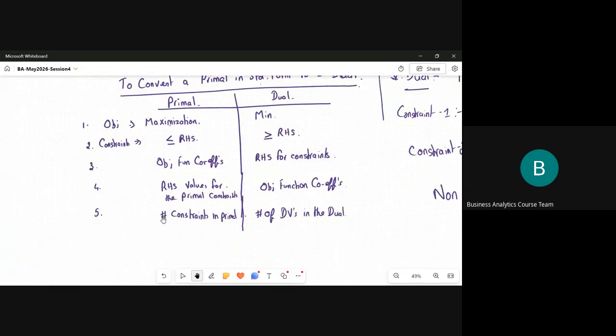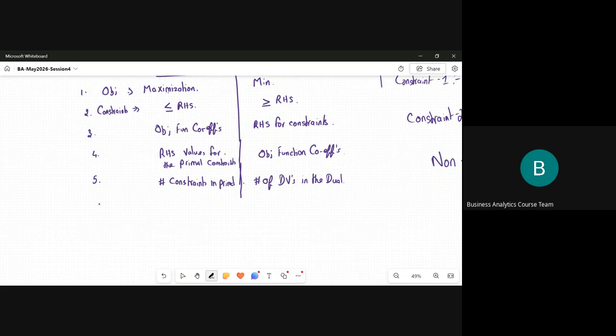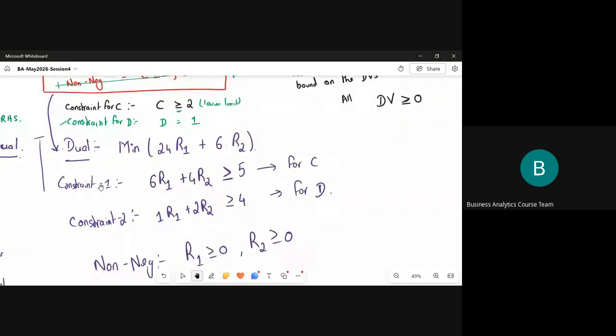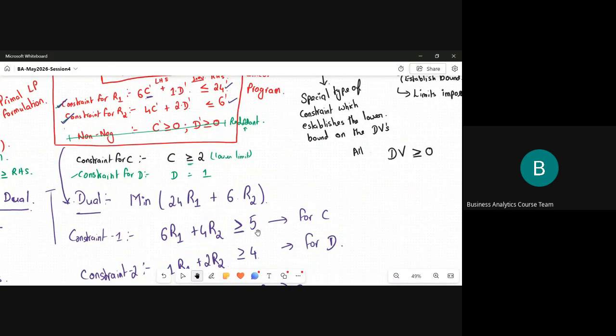If you want, you can also write it as a point 6: the number of DVs in the primal will be equal to the number of constraints in the dual. So I have two decision variables, C and D, so I have two constraints, constraint 1 corresponding to C and constraint 2 corresponding to D. I make a profit of 5 for every car that I sell.